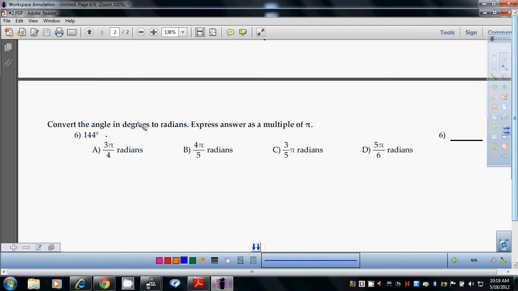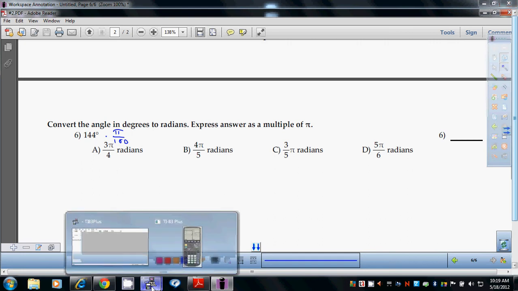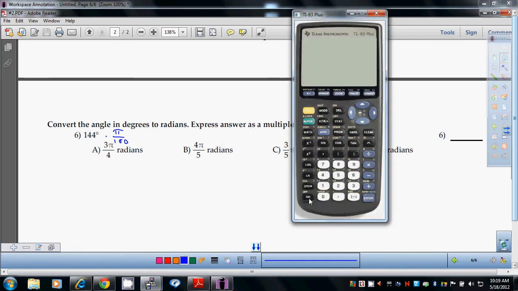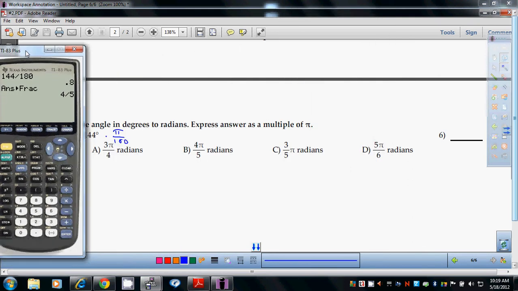Well, you could do that, or you could have just done times pi over 180. 144 times pi divided by 180 in the old calculadora here. Well, what is 144 over 180 reduced to? Well, your calculator will tell you. 4 over 5, so it's 4/5 pi, which would be B.